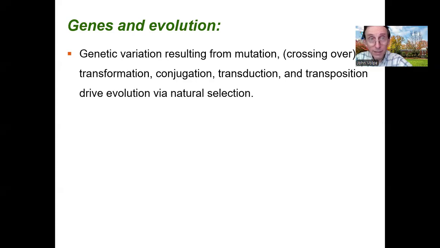Any question about any of that? Anyways, that's genes and evolution, how genes can evolve: by mutation, spreading around by transformation, conjugation, transduction, making new combinations by crossing over and transposition, and that will drive evolution via natural selection. Any question about any of that?